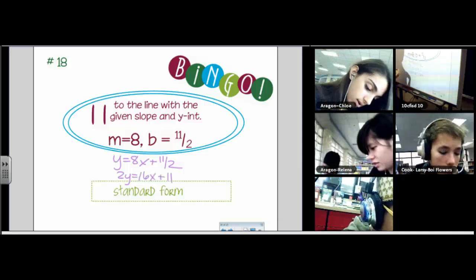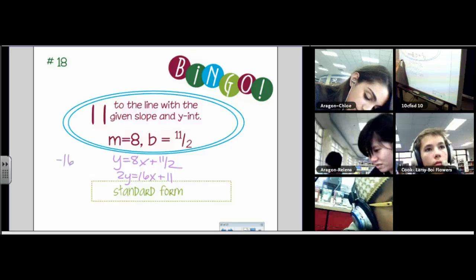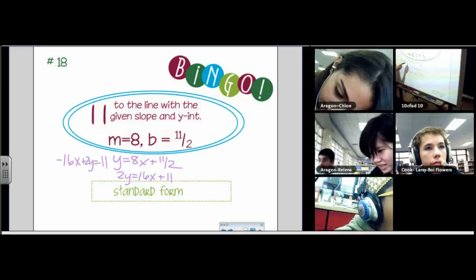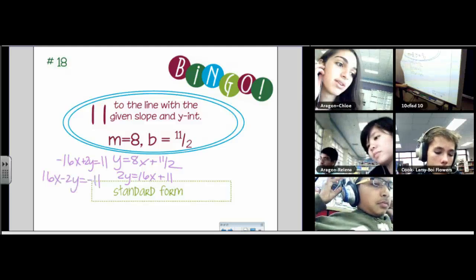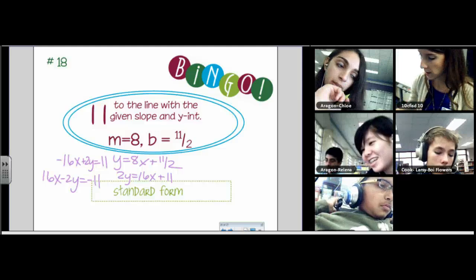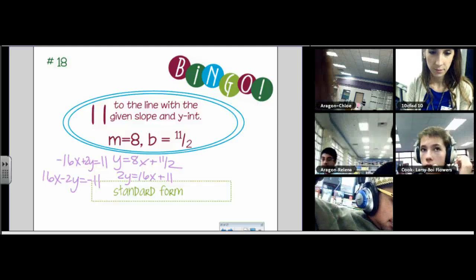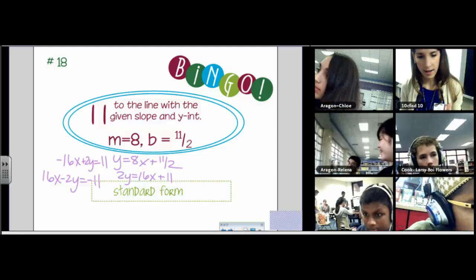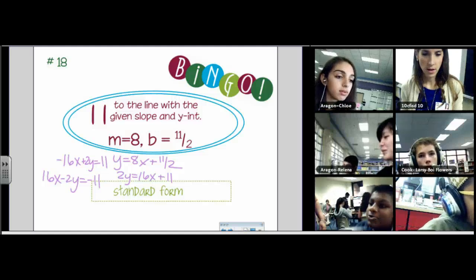And then move the x over. I don't know if this is the best way to do this when you're playing bingo. And then we would need to make everything negative. But I'm not sure that's the one, what it looks like on our bingo card. Let's see. Oh, yep, it is. Okay, so on this one we're getting 16x minus 2y equals negative 11. So that should be the one you're getting on your card.